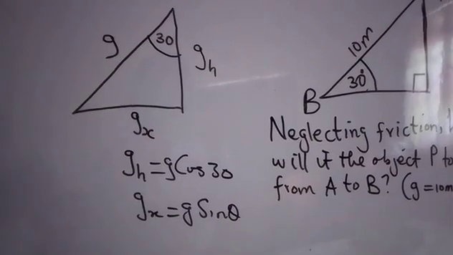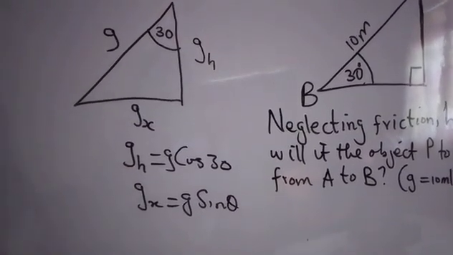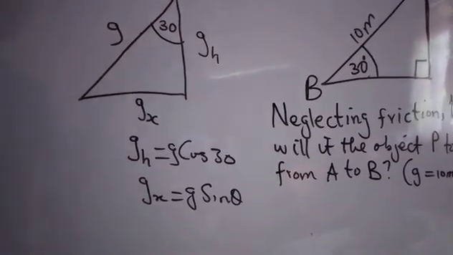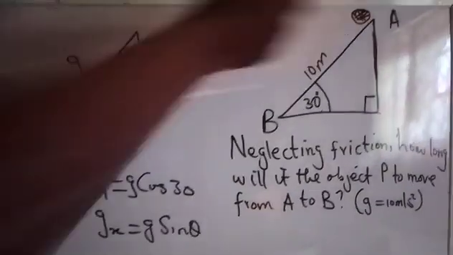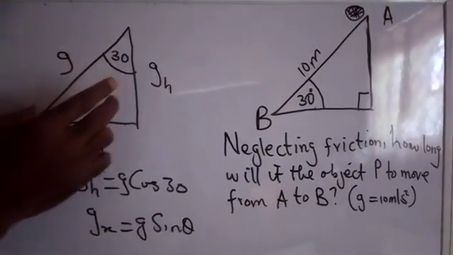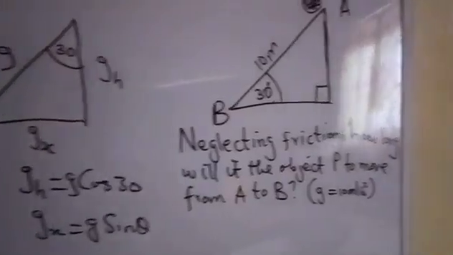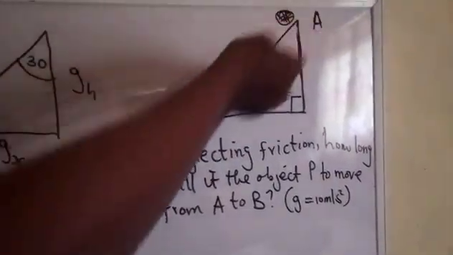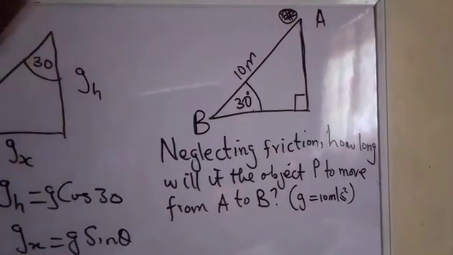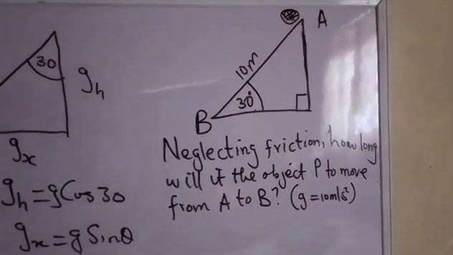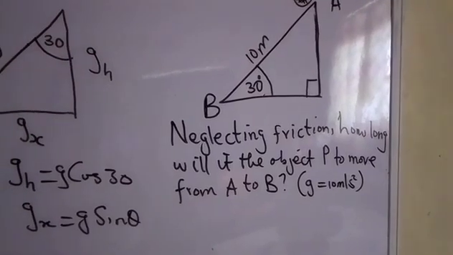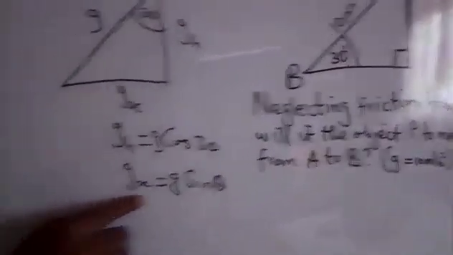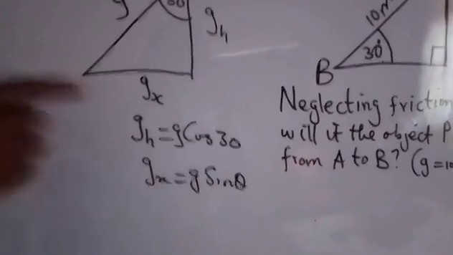The next thing is, what do you need these components for? Okay, now go back to this question. For you to understand what you're going to do, assume this vertical plane is a horizontal line. Just assume it's a horizontal line. So for the object to move horizontally, you are going to use the horizontal component of gravity in your equations.